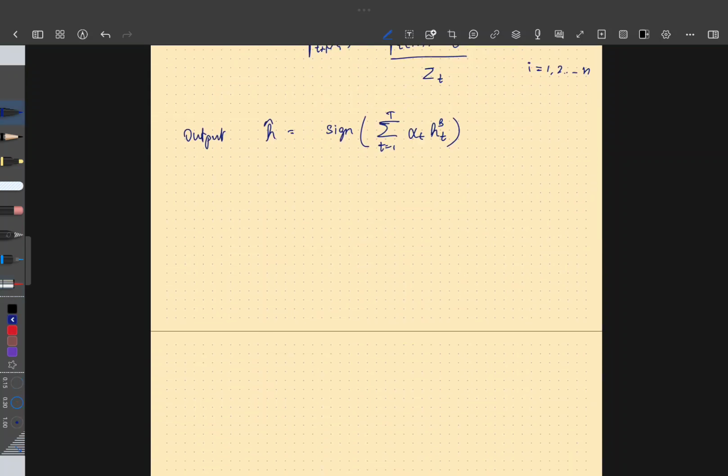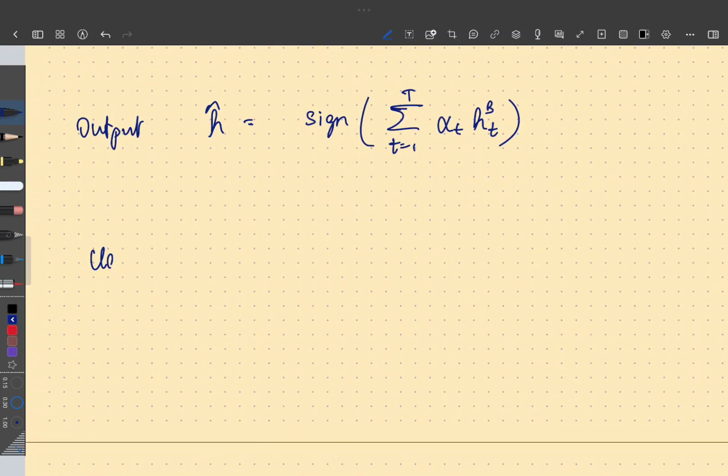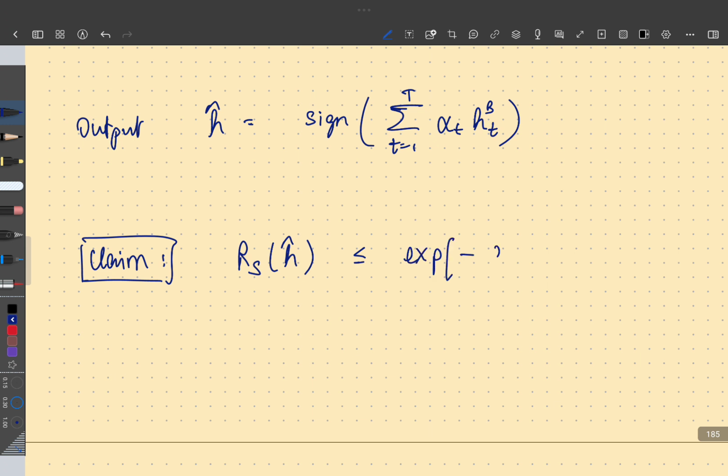The claim is that if you look at the empirical risk of H hat on the original training data set S, as you increase the number of rounds of AdaBoost, this goes to 0, and in fact it goes to 0 exponentially in the number of rounds, as e to the minus 2 gamma squared T.